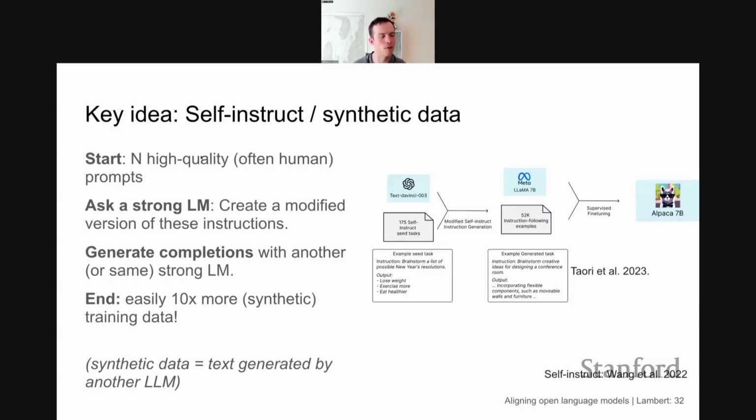And then what we now see as more common practice today, but was very new then, is asking a stronger language model to create a list of prompts that are similar to this, but still diverse. And then once you have a list of prompts, you can use ChatGPT or another model to actually generate completions. Because then what you have is a really big list of question answer pairs, but you don't need to go through the bottleneck of getting humans to sit down and write all of them.